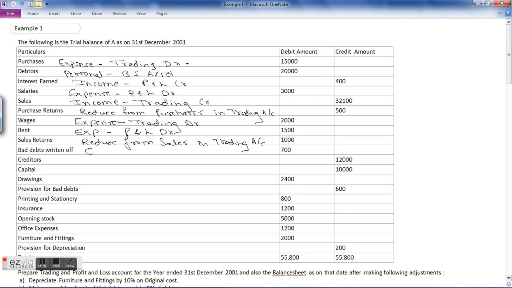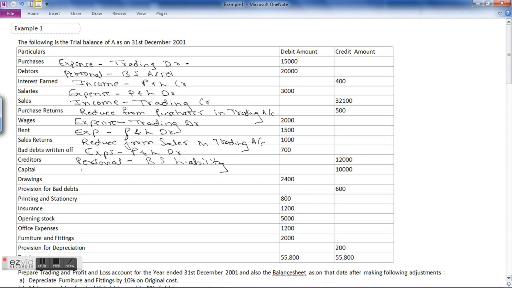Bad debts will come under selling and distribution expense. They are not directly related to cost of goods sold, so expense, P&L, debit side. Then you have creditors. Creditors is a personal account, it is showing a credit balance, so balance sheet, liability side.